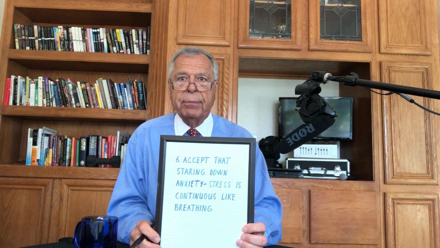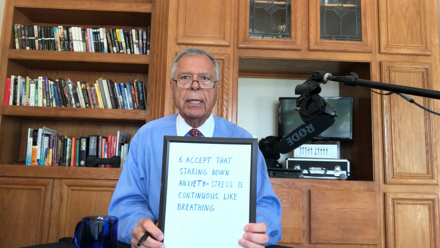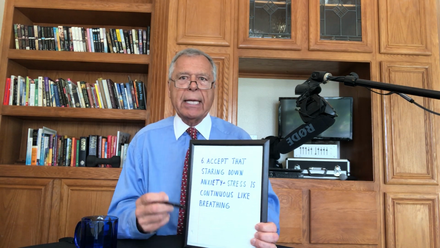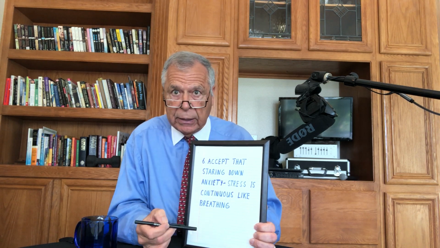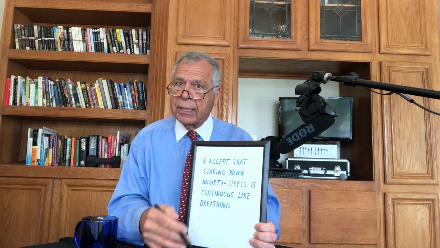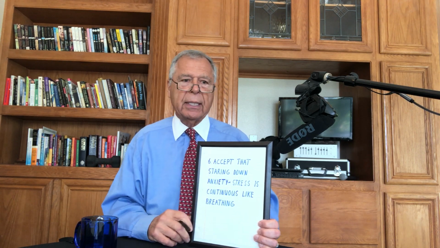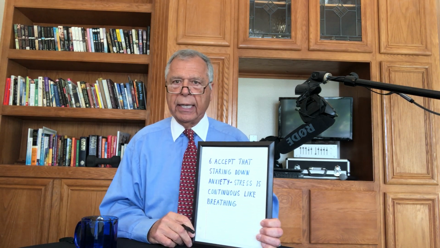We're not going to eliminate them. So if we accept them, that'll also diminish their negative power. But more importantly, we implement a continuous counterattack to the stress and the anxiety, and that's where we want to do the battle, so that we don't get into the panic attack area.